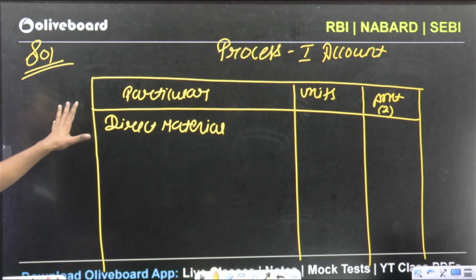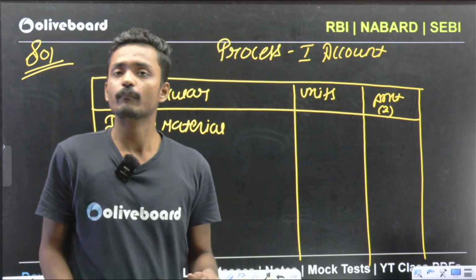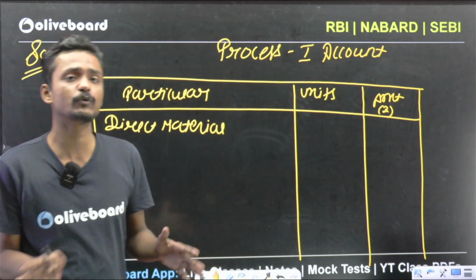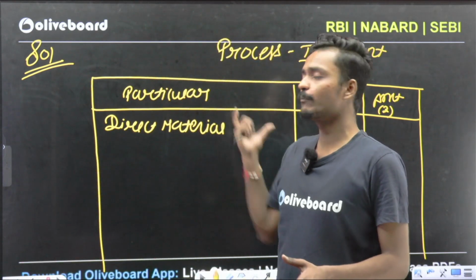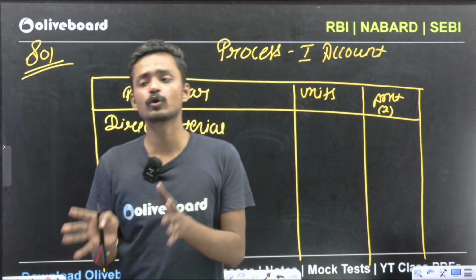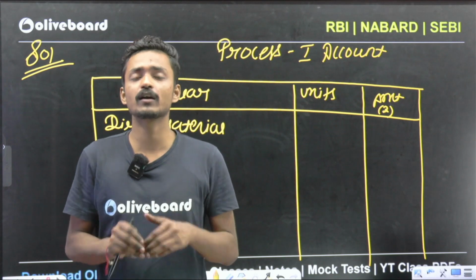Here by this format you can also prepare your process account, but when you prepare using this method, you have to prepare the same format 2 times. This will be your debit side portion when we are introducing the material, and you also have to make the effort a second time when you are incorporating all the outputs.